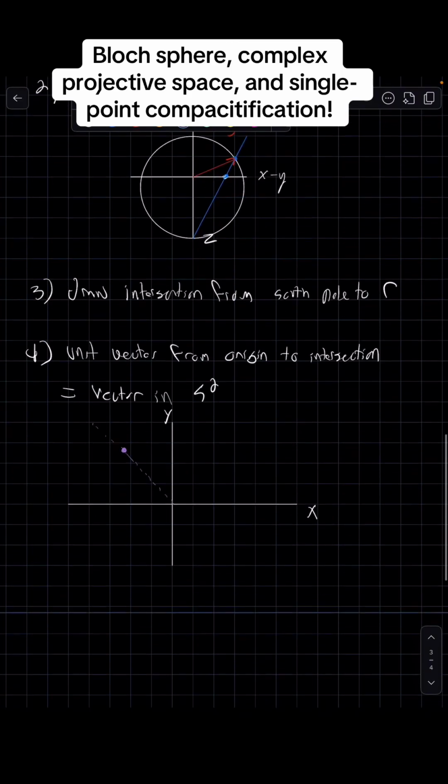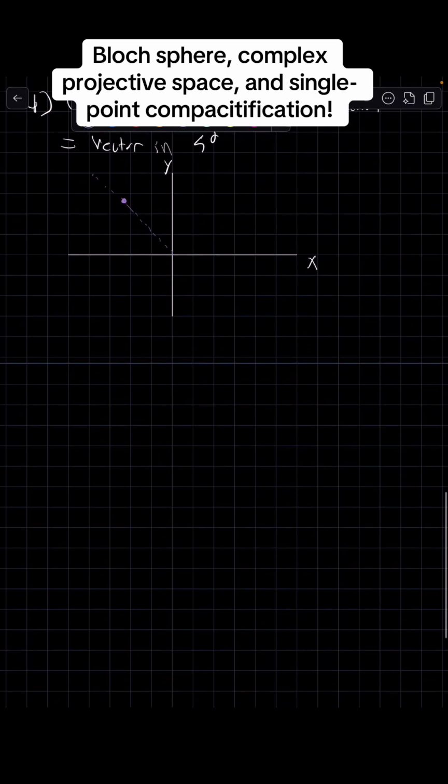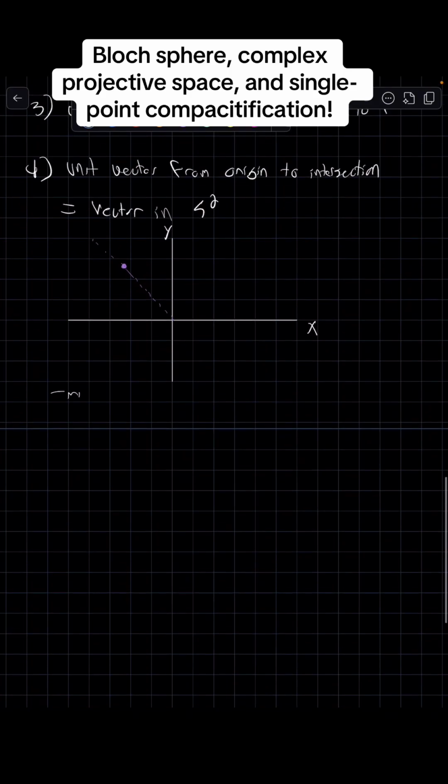I don't know how to better visualize it. But that's how we map an xy point to a 2-sphere.